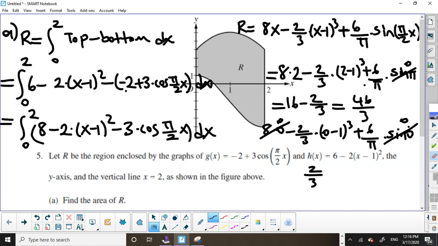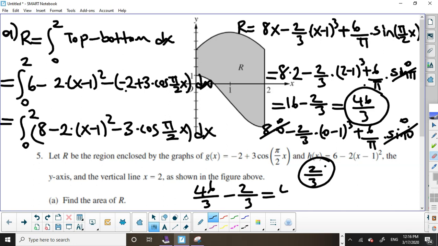According to the fundamental theorem of calculus, we need to figure out the difference between these two. So it's 46 over 3 minus 2/3, which is equal to 44 over 3. So that's my answer, that's the area R.